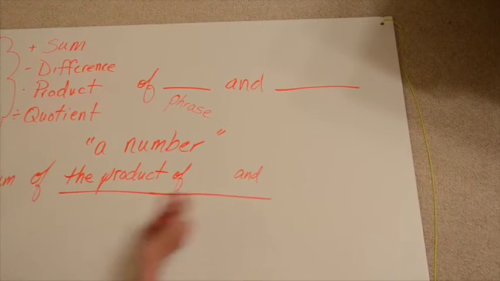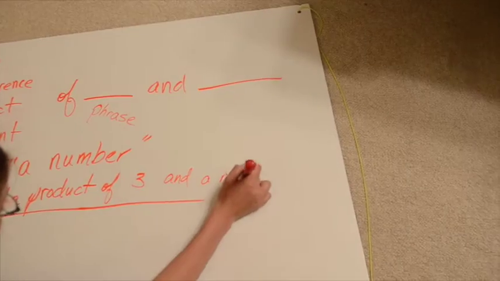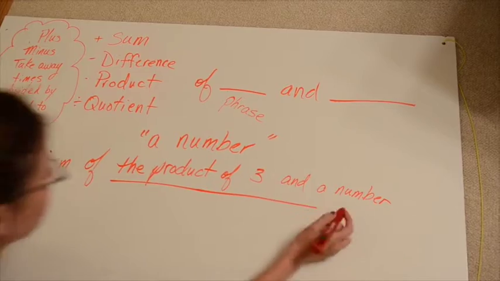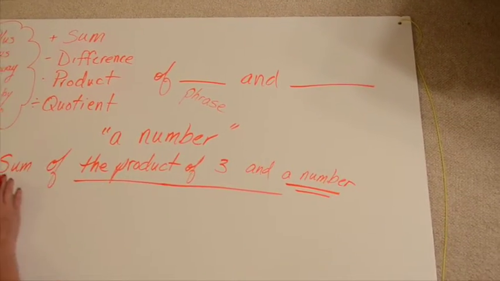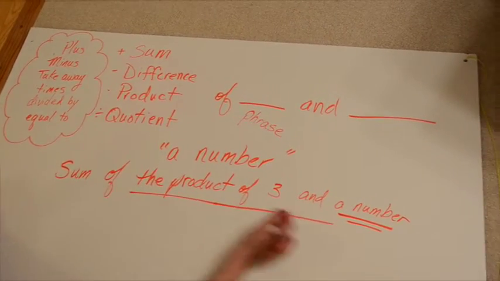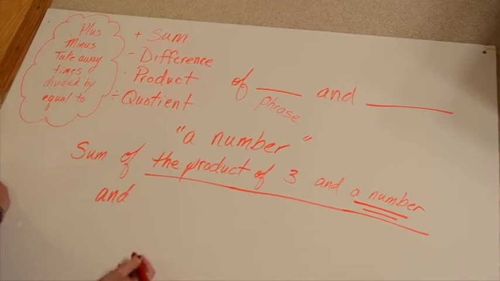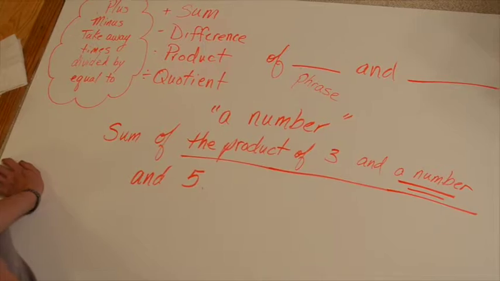So it could be the product of 3 and a number, now telling me that I'm multiplying 3 and a variable of my choice. Then I'm going to continue back to the phrase for the sum of, here's my first thing, and now my second thing, perhaps as simple as a number by itself.